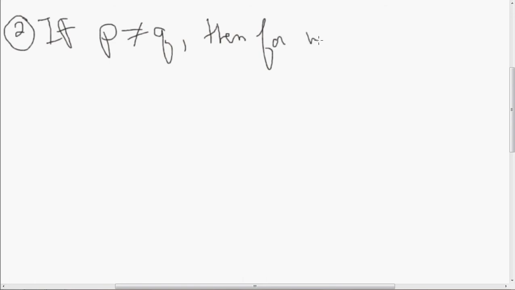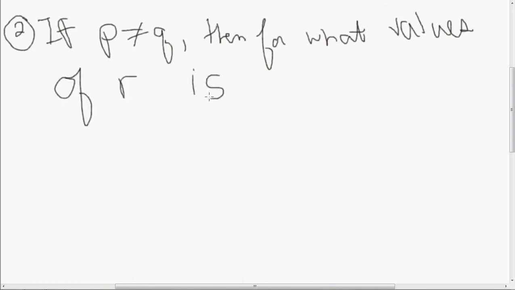problem 2, states: if P does not equal Q, then for what values of R, meaning the variable R, is the following inequality true? When I say the following inequality, I'll be listing it below this problem.